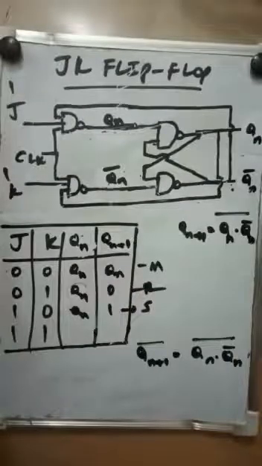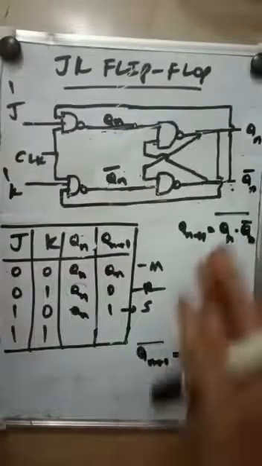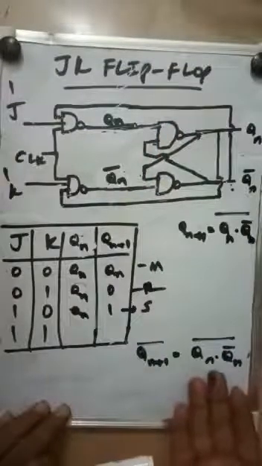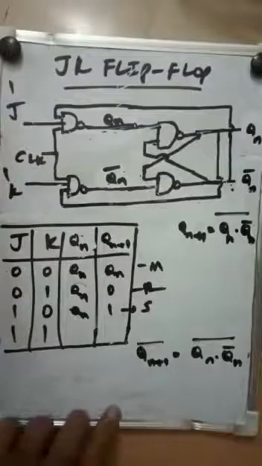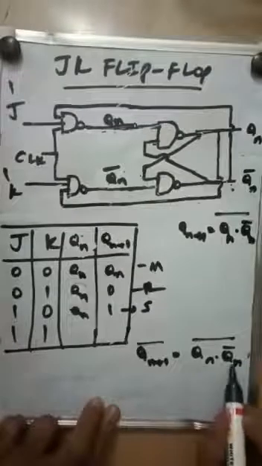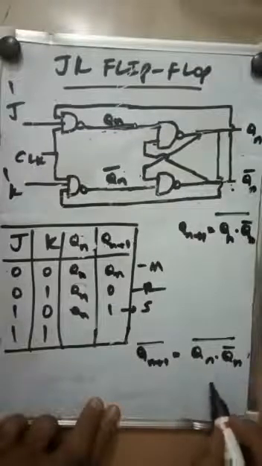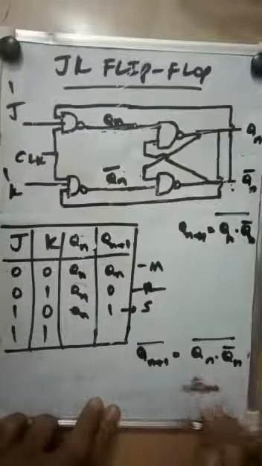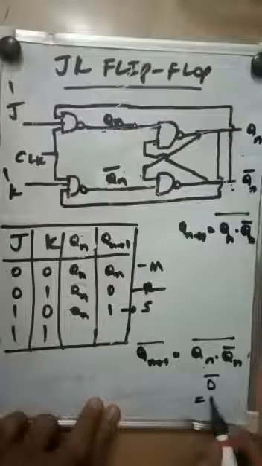But we can consider either from this or from this. Since we are calculating this state, we are supposed to come from here. Then what is this? This is equal to Qn bar. What is this value? It is equal to 0 whole bar, that means 0 whole bar is equal to 1.